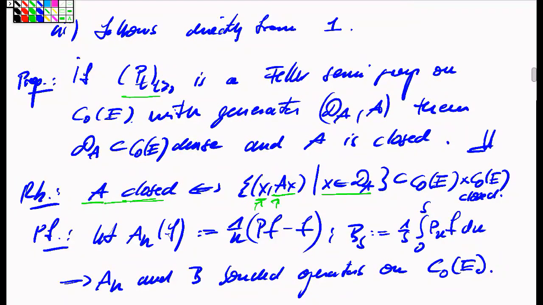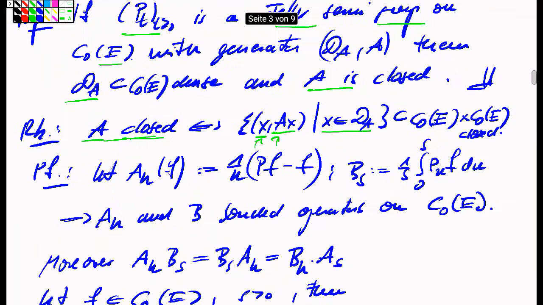It says, if we have a Feller semigroup on, in this case, our Banach space of continuous functions which vanish at infinity, then the domain of definition of this operator is necessarily dense, and also the operator is closed.